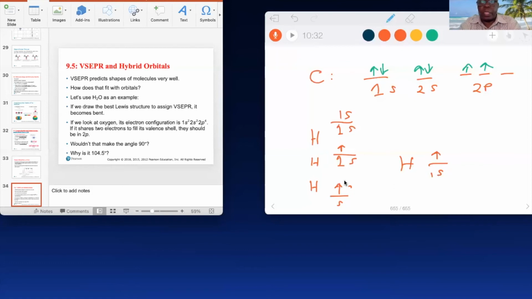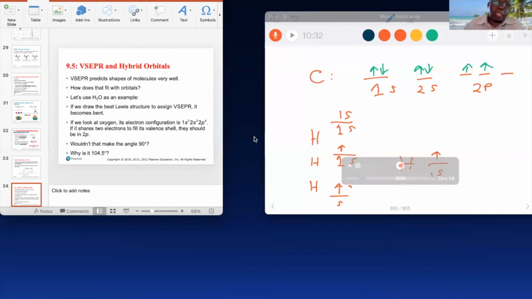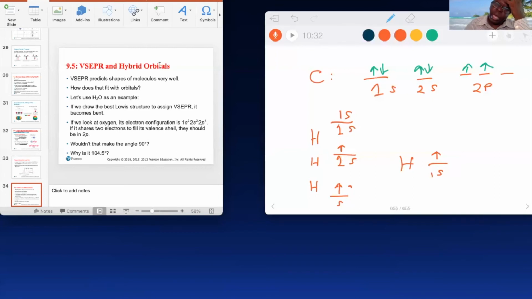The question is, how will it now form 4 bonds with the 4 hydrogens? This is when the term hybrid orbitals comes in. That is the mixing of orbitals. You may have seen a hybrid car, right?